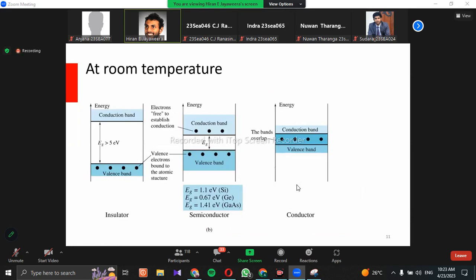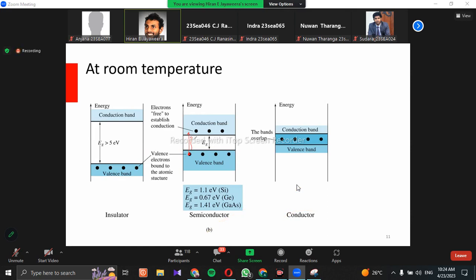Now, if we increase the temperature of the system, the whole system starts increasing its energy, so the energy of the electrons also increases. Electrons with higher energies will jump to the conduction band if that energy is high enough compared to the valence band energy. That is how you move electrons from the valence band to the conduction band.